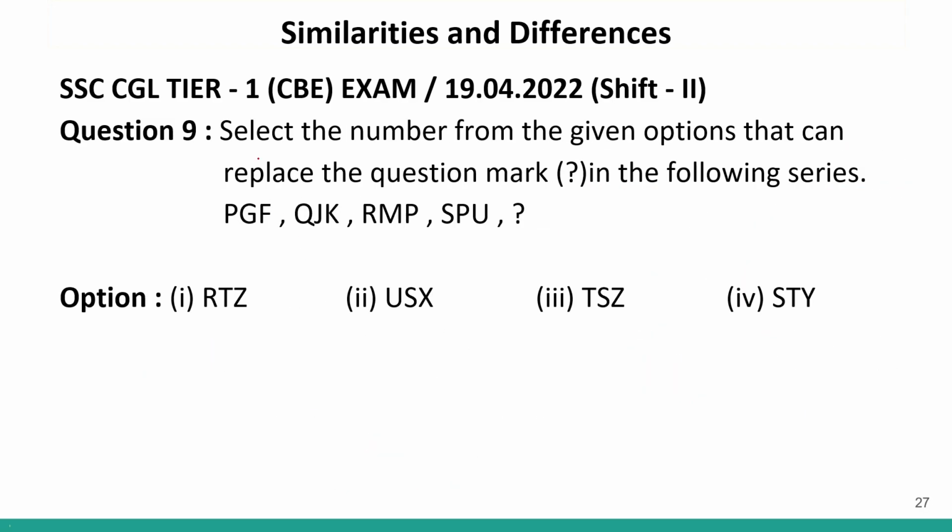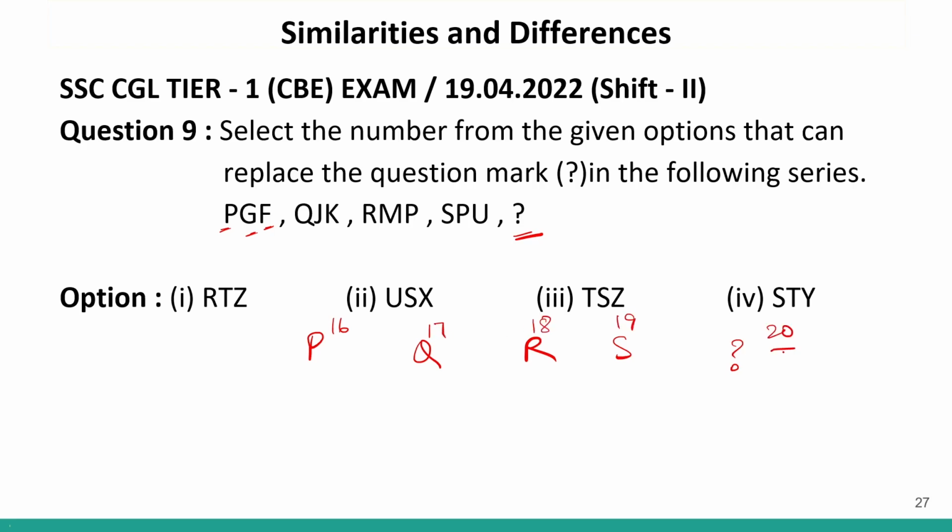Now, out of all these, we have to find out which of these will come to fill up this position. So again, treating them as 3 different series. So my first series will be P, Q, R, S, and then I have to find out. Very easy, I can see P is 16, 17, 18, 19.